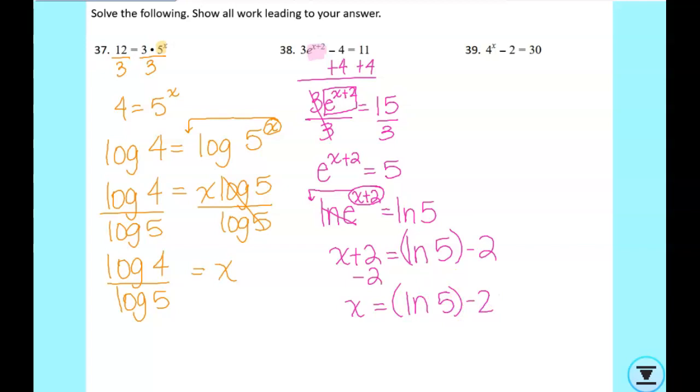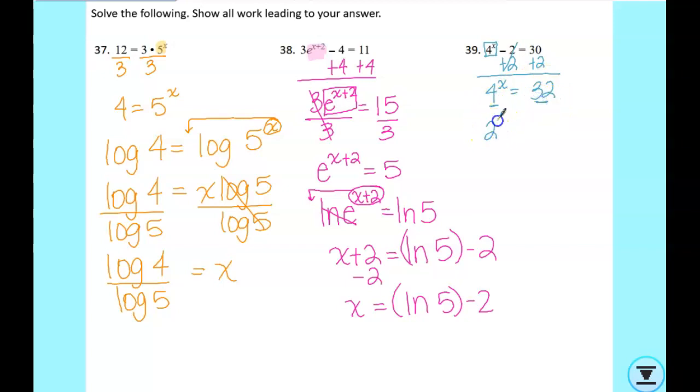Last one, we have 4 to the power of x minus 2. So again, we're trying to isolate this piece right here. So we're going to add 2 to both sides. And we have 4 to the power of x is equal to 32. This time I can rewrite these so that they are both powers of 2.